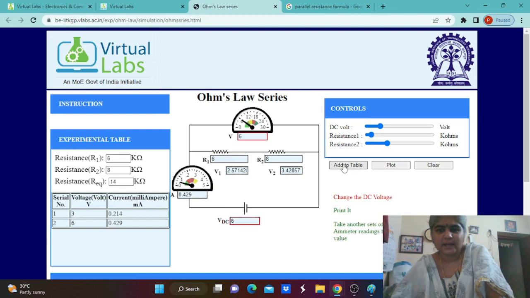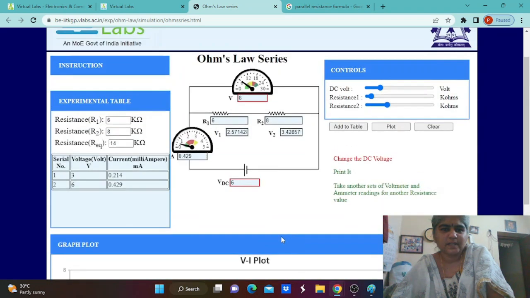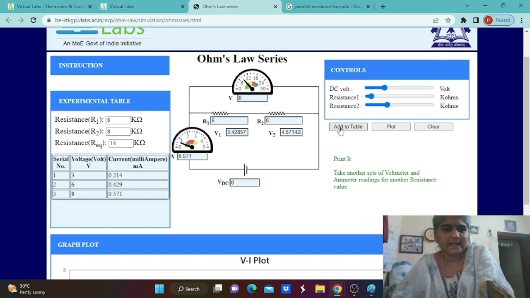Now again you can add this value to the table and plot. So we can get the linear graph. That is, as the voltage is increased, current also increases. Again, if you want to measure one more or two more values, you can increase this DC voltage and add it to the table.